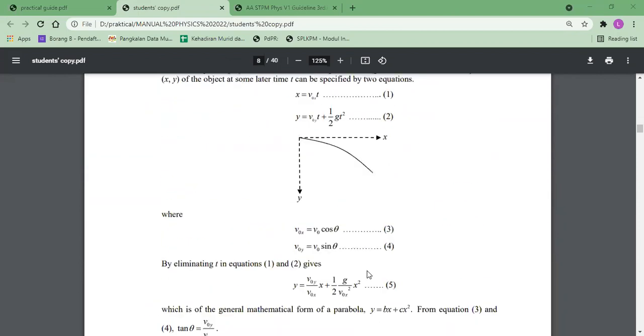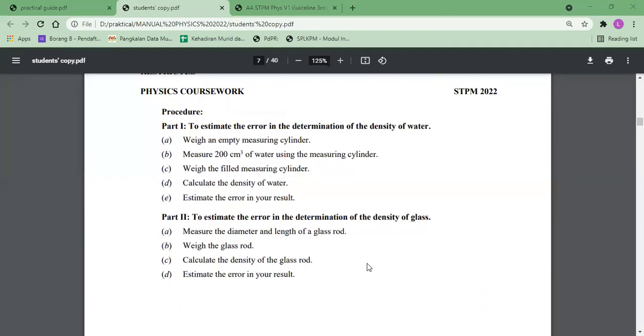So ladies and gentlemen, better now, tulis besar-besar dekat sini: must use active form, supaya nanti awak tak terlupa.